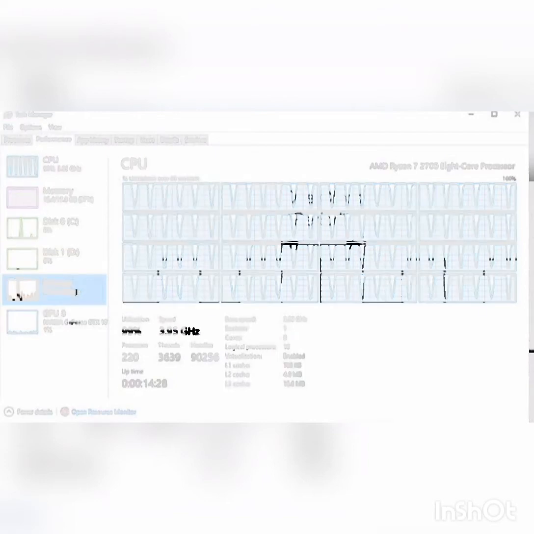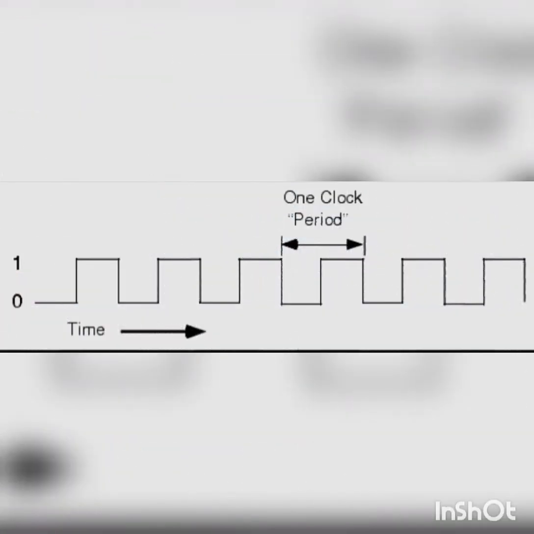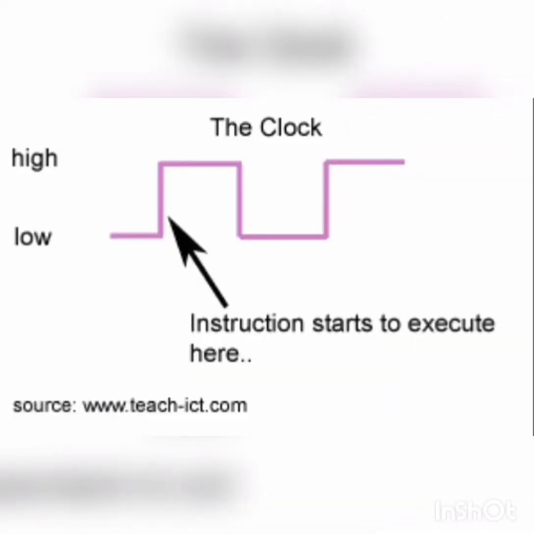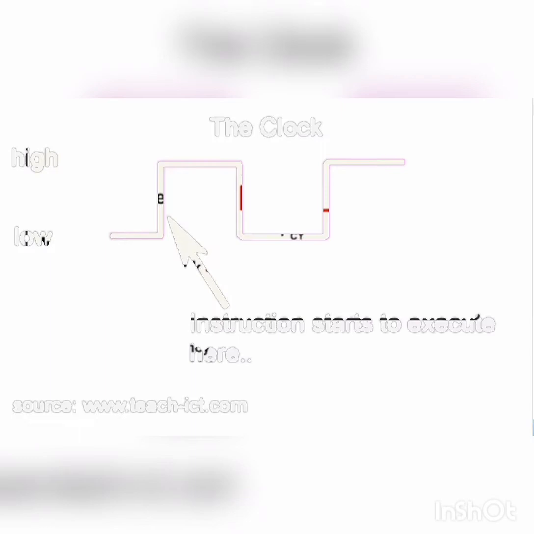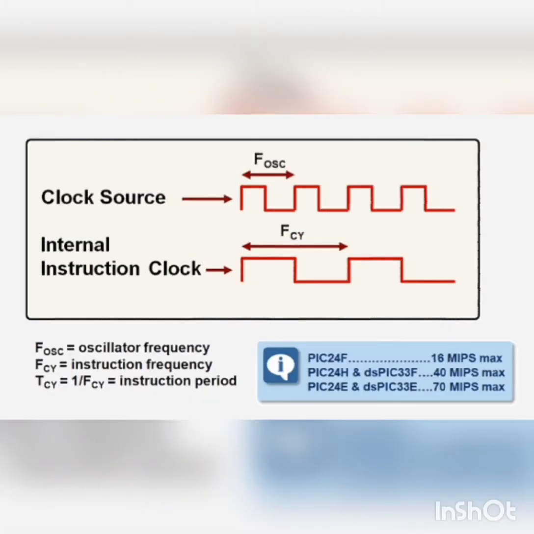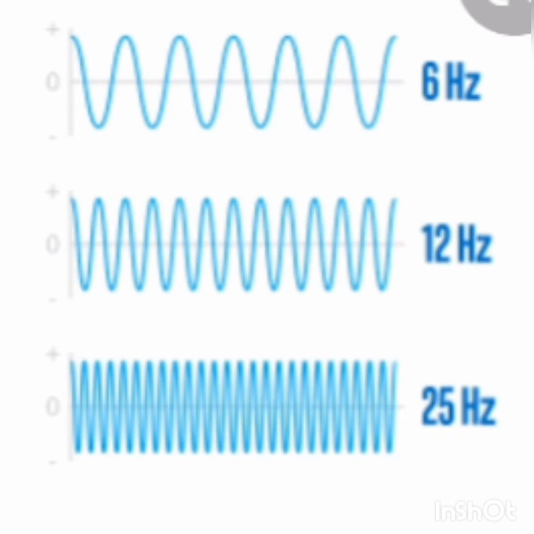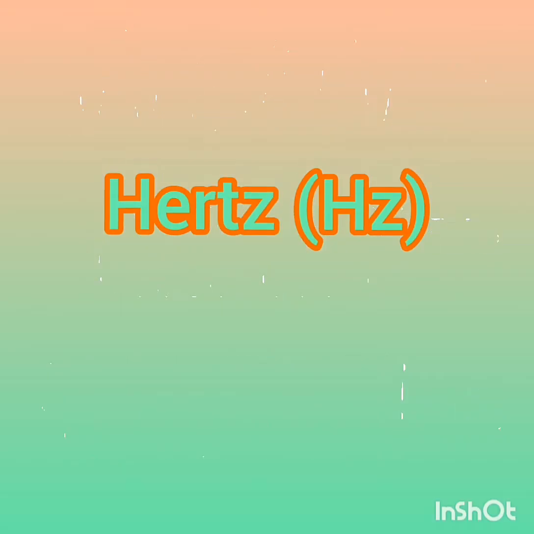The rate of information transfer in a processor is referred to as frequency or clock speed. If the clock speed of the processor is more, then the instructions it handles also increase. Clock speed is normally measured in the unit hertz.